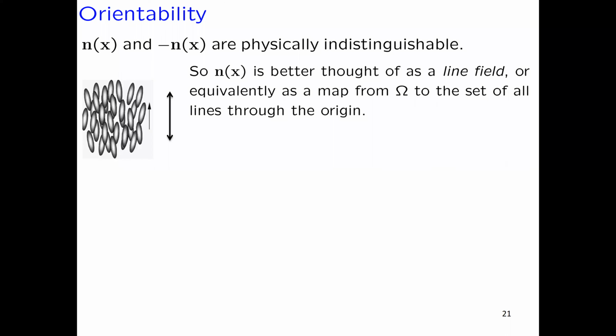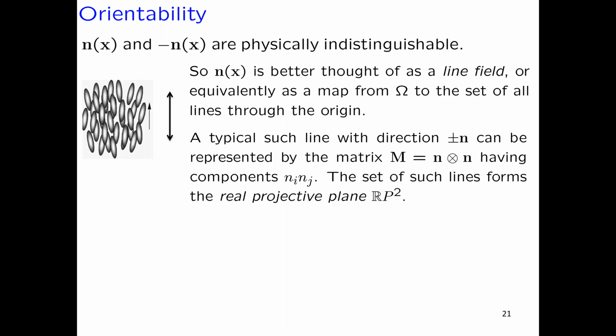That is, a map from omega to the set of all lines through the origin. Now, a typical such line has direction plus or minus n, so it's a question of how you represent it, and it turns out that a good way to do it is to use the matrix capital M, which is n tensor n. So this is the matrix with components ni nj.